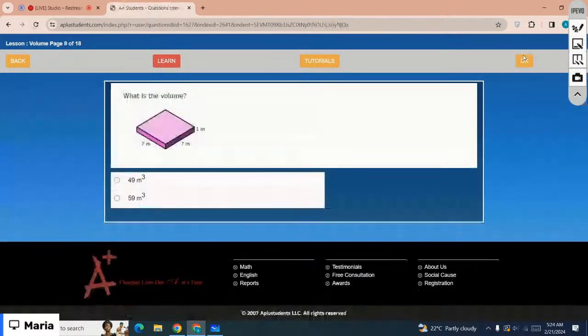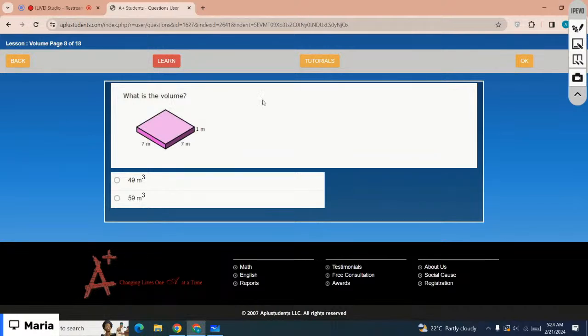Okay, the next one is, what is the volume? So which is the correct option? 49 it is.